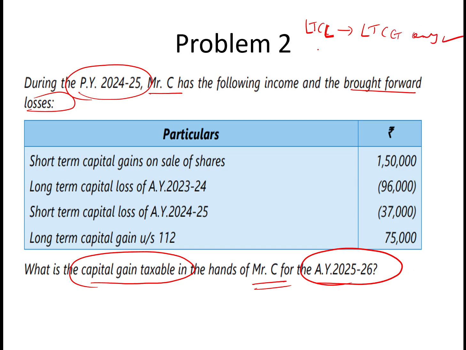This point is very, very important. But whenever there is short term capital loss, this can be set off against long term capital gain or short term capital gain also.